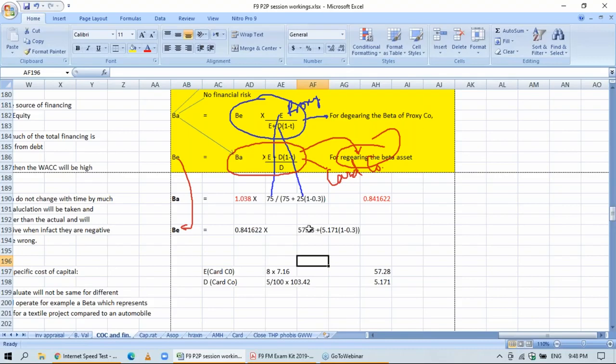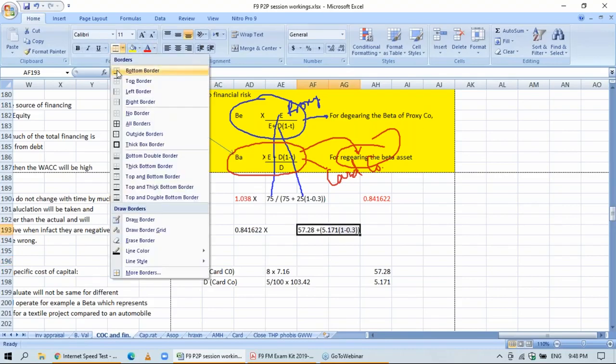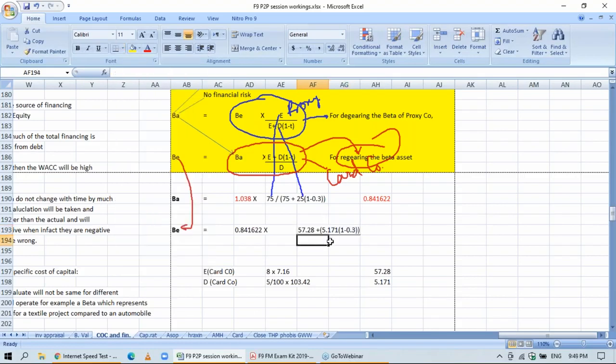And then divide this by the value of debt. The value of debt is 5. Divide this by the value of equity, yeah?